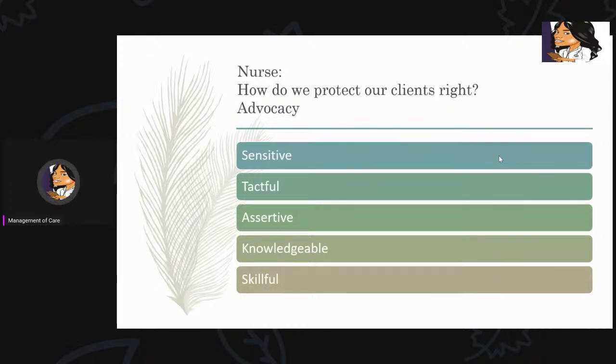You have to know your stuff and you have to be skillful. You can have the best intentions, but if you don't know how to put in a Foley catheter, you can cause some serious infections. So you have to be sensitive, tactful, assertive, okay? Knowledgeable and skillful. All right. This is how we protect our clients' rights.